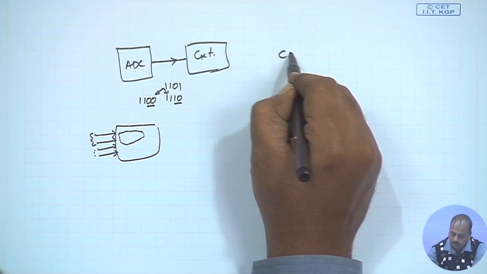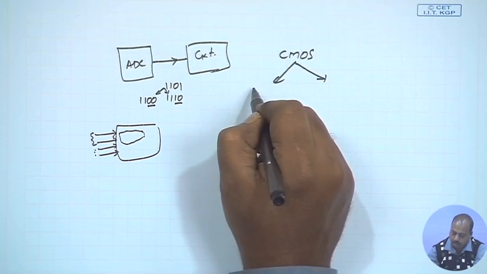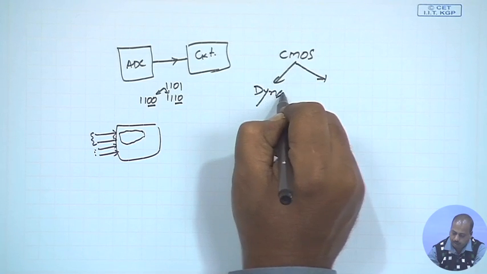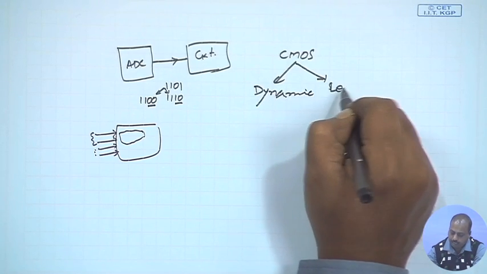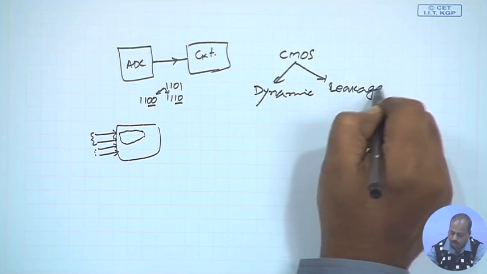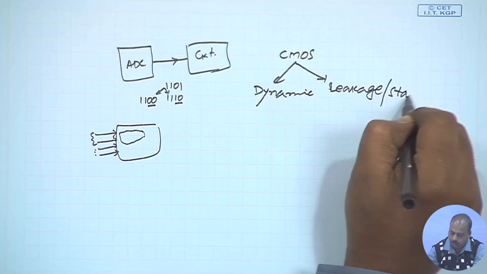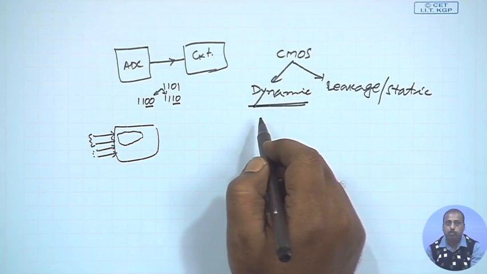In CMOS we have 2 types of power consumption: one is known as dynamic power, and the other is known as leakage power or static power.